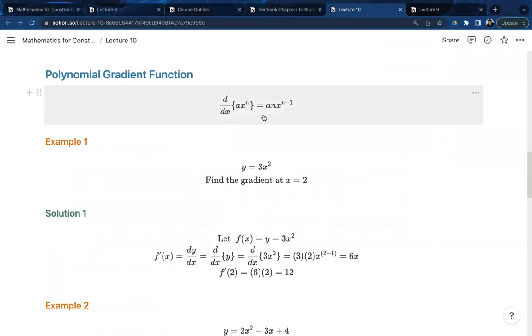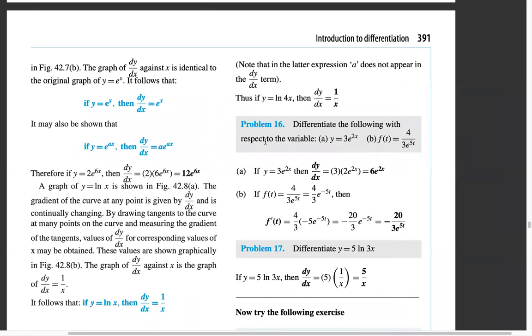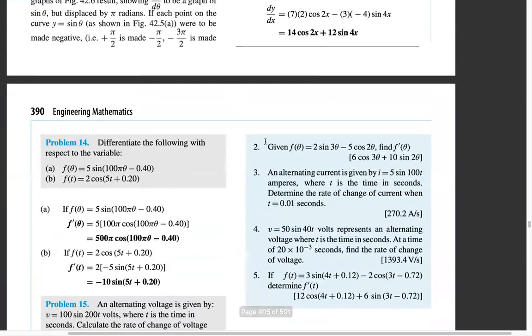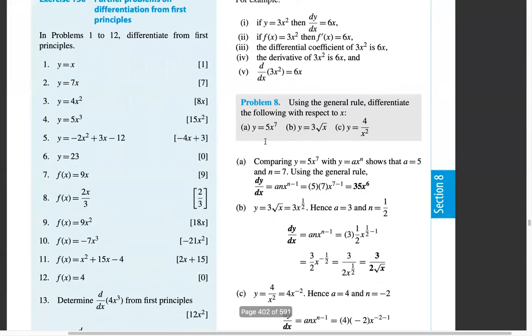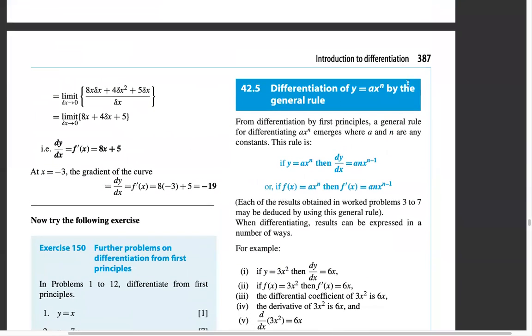We found that the polynomial gradient function is the first gradient function formula that we learned, right? The book doesn't really give a proof of it, but it's given up here. We see differentiation on page 387. Y is ax to the power n. A is a constant, n is a constant.